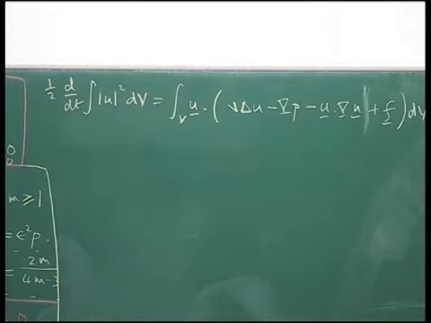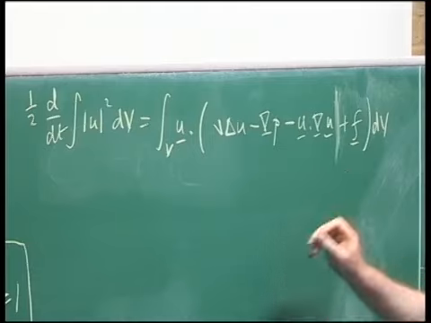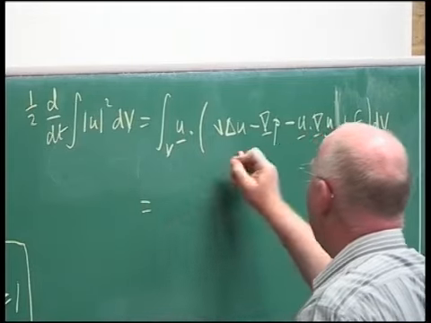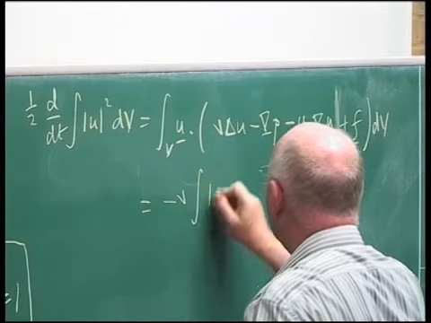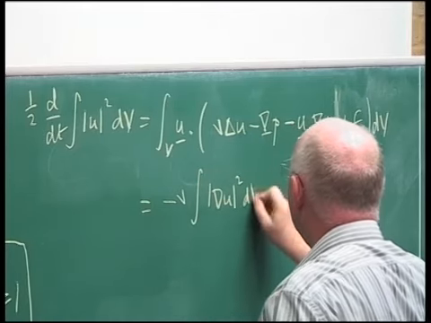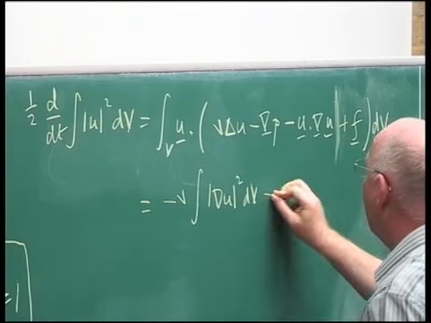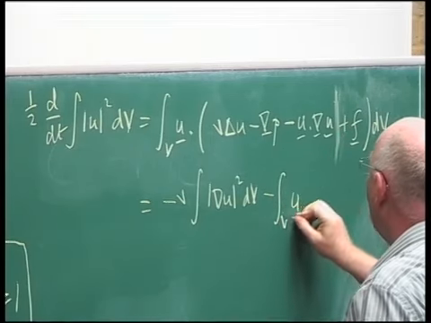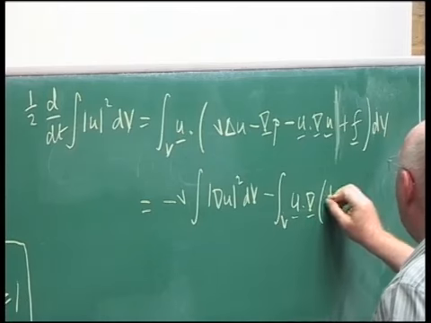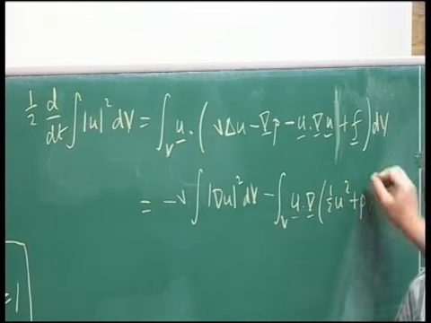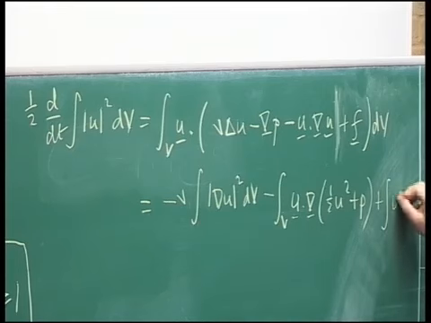Okay, so what does that give me? Well, these are easy to do. Here we have minus nu, the integral of grad u squared. Here we have minus u dot grad of a half u squared plus p, plus the integral of u dot f.